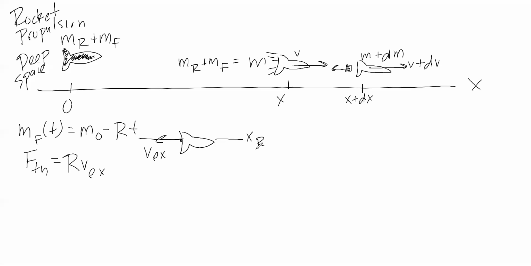In the coordinate system of the rocket, the velocity of the exhaust points to the left. But from our discussion of reference frames, the velocity of the ejected fuel with respect to the ground frame, or laboratory frame, is the velocity of the fuel with respect to the rocket plus the velocity of the rocket with respect to the ground frame or lab frame.